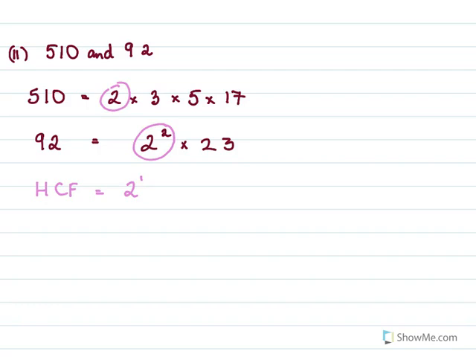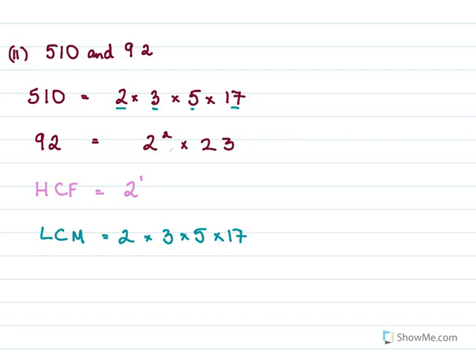Now for the LCM, we write all the factors. So we have a 2, there is a 3, there is a 5, there is 17, 2 we have already written, and there's a 23, and the highest power.